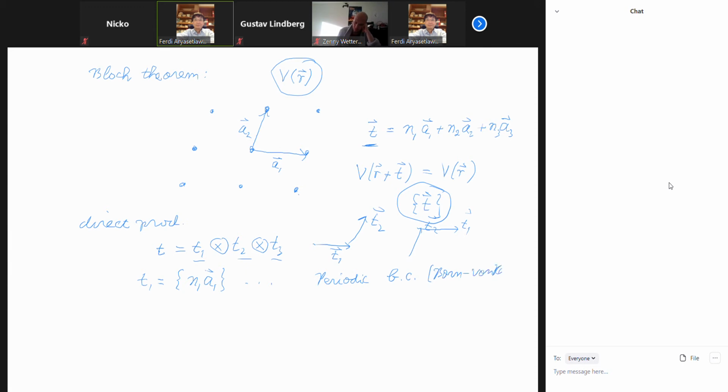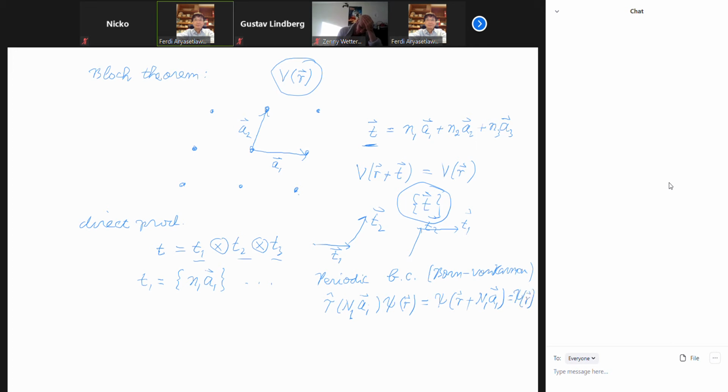It basically says that if I translate by an amount n1 a1 on some wave function, then this is, by definition, equal to r plus n1 a1, and this is equal to the function itself.